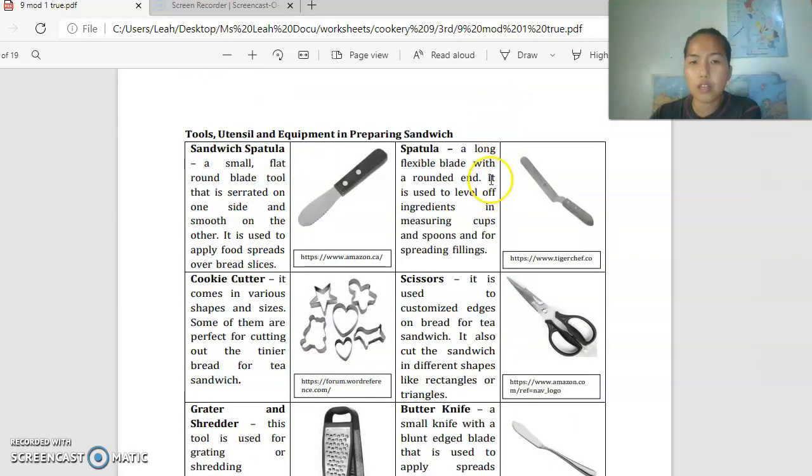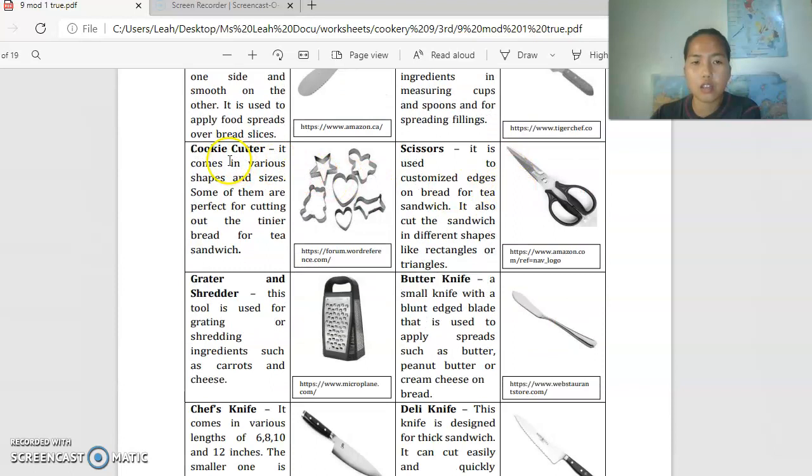This one is used to level off ingredients in a measuring cup. This is this kind of spatula. The cookie cutter is for cutting out tinier bread, yes, tinier bread for these sandwiches. We have here the scissors to cut the edges of bread.